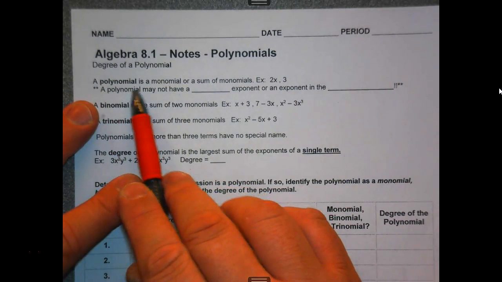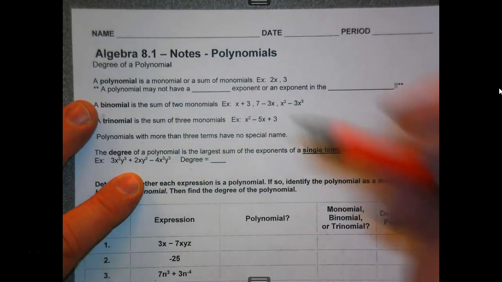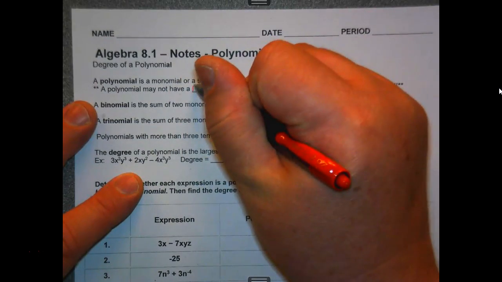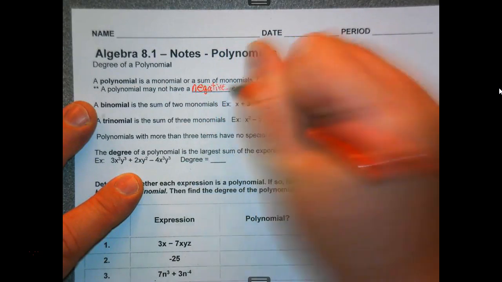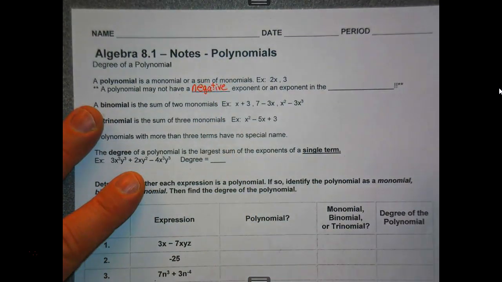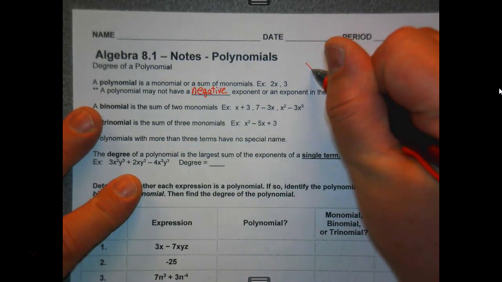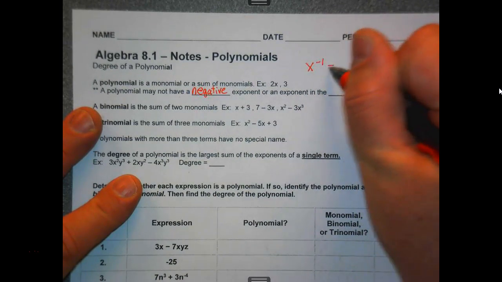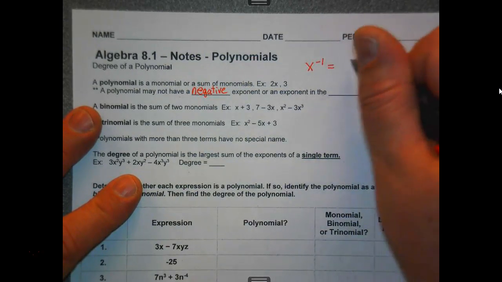Note, a polynomial may not have a negative exponent. If I have a negative exponent, what does that mean? If I have x to the negative 1, what is that? We did a whole unit on exponents. Yep, you have to flip it.